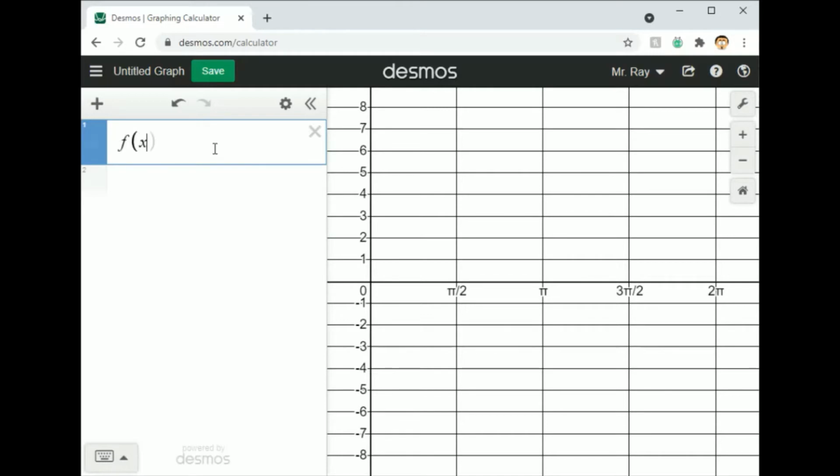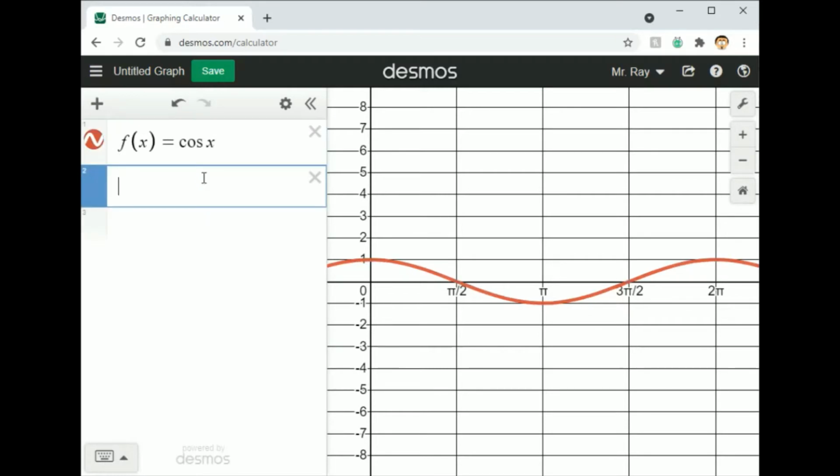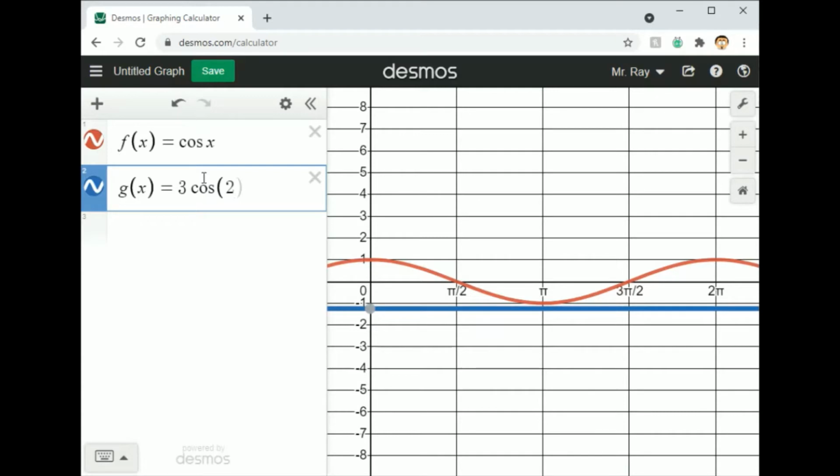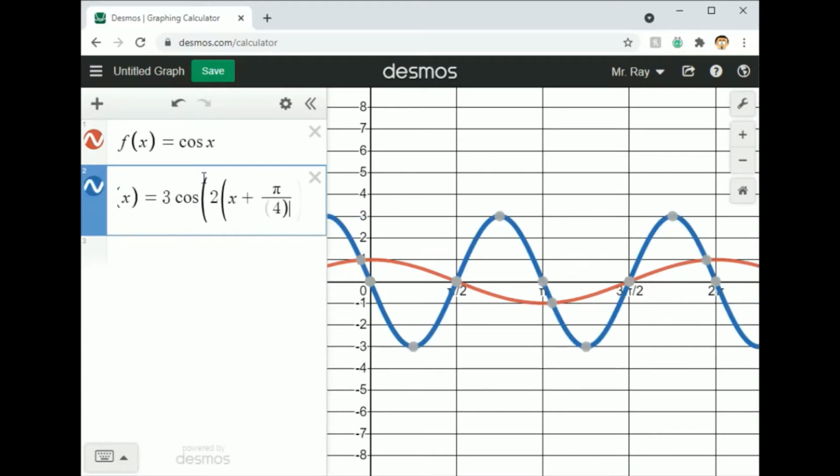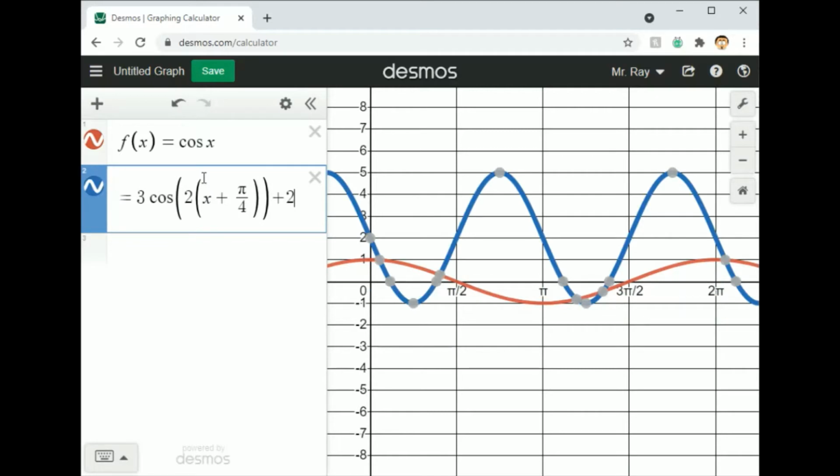Okay, so I'm going to graph the function. Actually, let's start by just graphing f of x, which is cos x, just as a reference. And then what I'm going to do is graph my modified g of x and see if it looks correct. So it should be 3 cos of 2 times x plus pi over 4, plus 2.